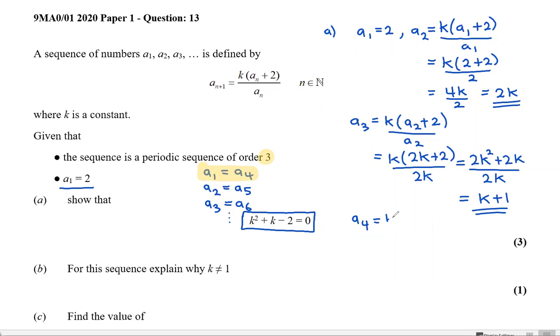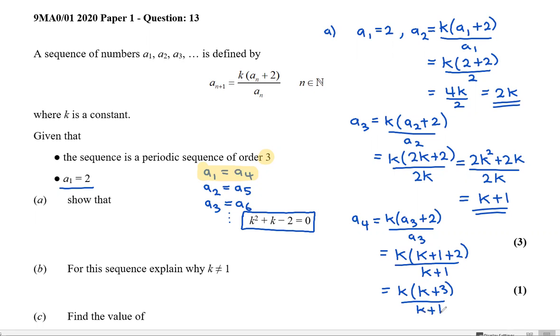So that's going to be k multiplied by A3 plus 2 divided by A3, which is going to equal k multiplied by k plus 1 plus 2 divided by k plus 1, which is going to be k multiplied by k plus 3 divided by k plus 1. I can't simplify that. I'm just kind of stuck with it.